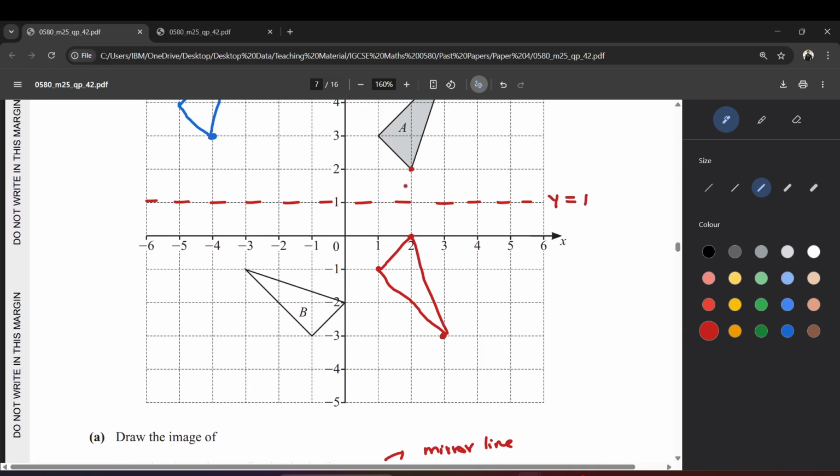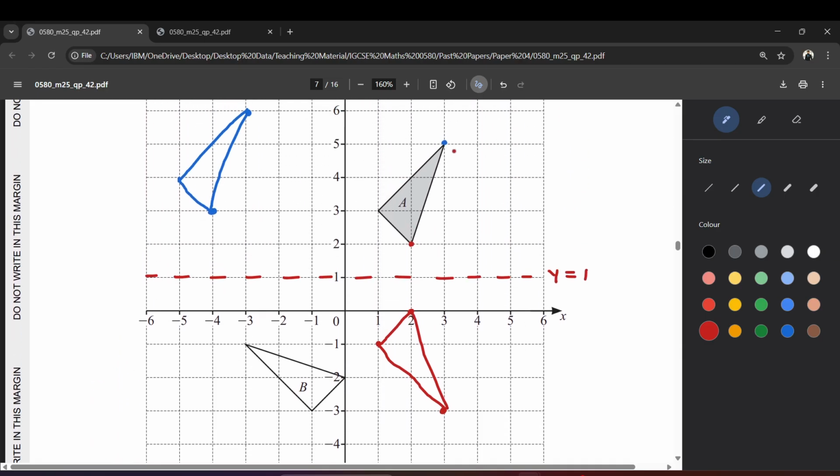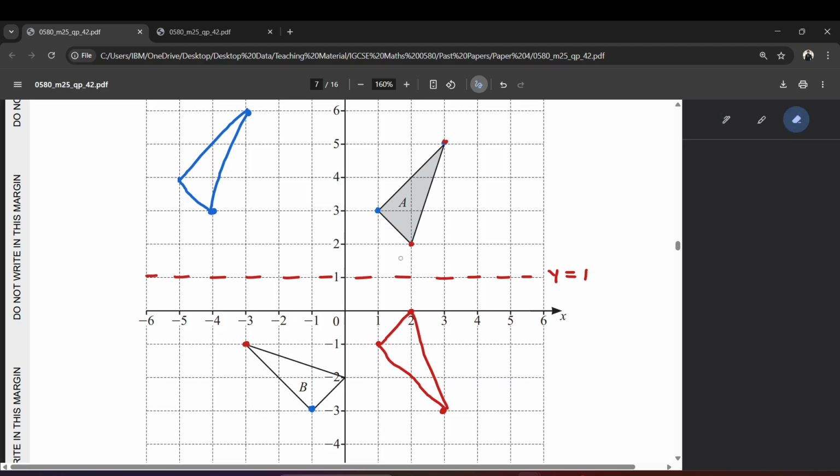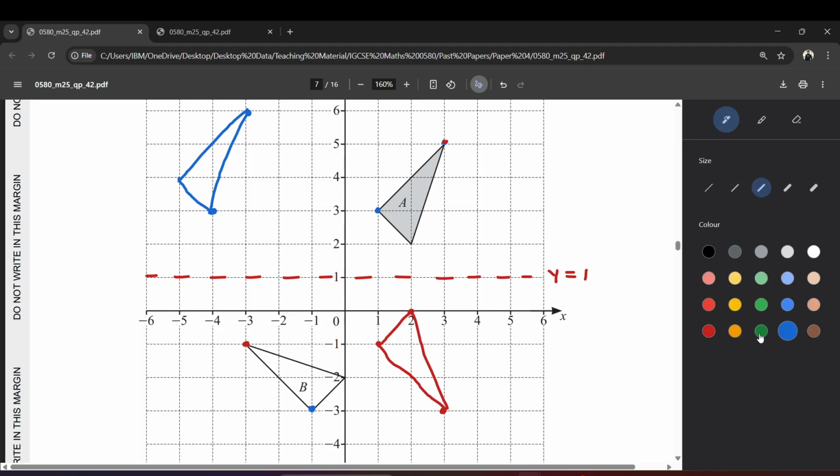Now from the shape itself, you can see that this point is actually this one. The corresponding point on triangle B is this point. The corresponding point of this point is this one. And the corresponding point of this is this one. So that means it has been rotated like this, to the left.